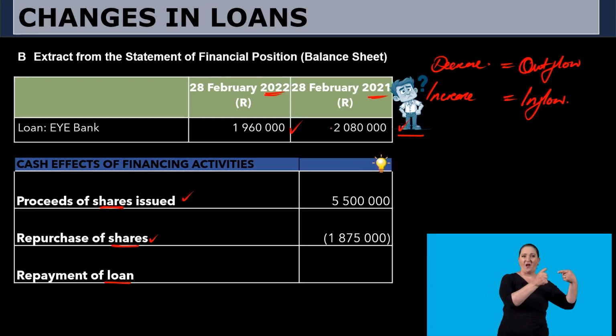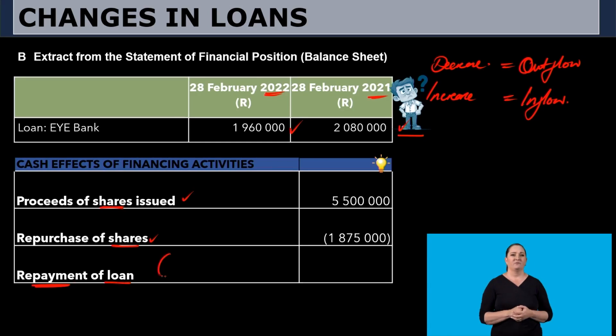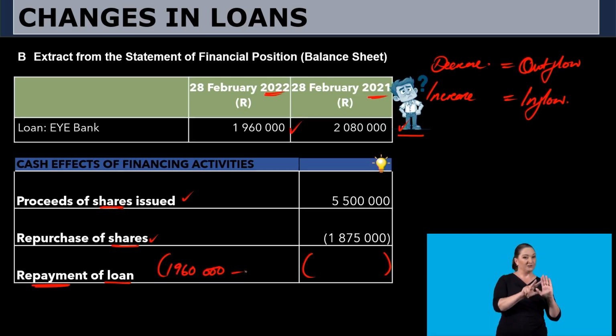On this loan, you can see it is a decrease, so that means it's a repayment of loan. If it's a repayment of loan, already I know it's a cash outflow, so I can have my brackets in already. I'm now saying 1,960,000 minus 2,080,000, and on the calculator, how much do we get?